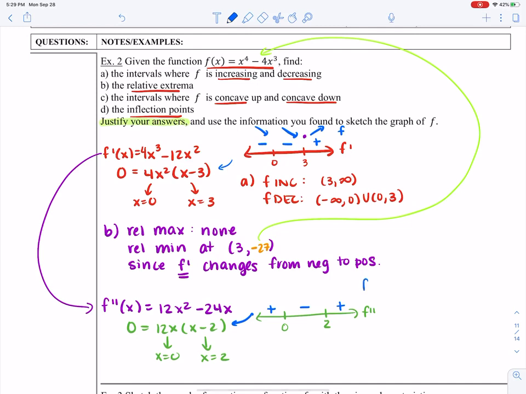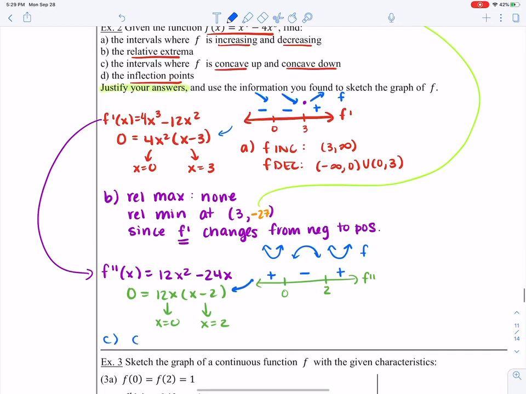And we're going to plug into our second derivative. So I'm going to pick a number like -1. That's going to give me a positive number. A number like 1 should give me a negative number. And then a number like 3 should give me a positive number.